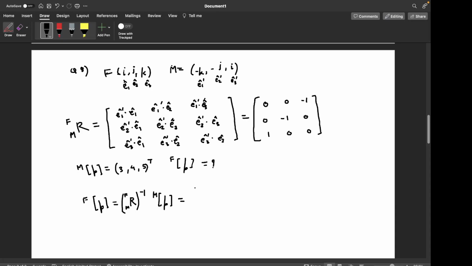Now the inverse of a rotation matrix is its transpose. So let's transpose this matrix. This will be 0, 0, 1, 0, minus 1, 0, and minus 1, 0, 0. And what are the coordinates in M frame? They are 3, 4, 5.